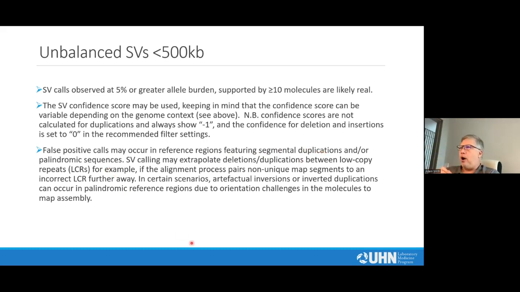This is problematic because some of these calls may look like false calls, but they might actually be real, because segmental duplications have a tendency toward non-allelic homologous recombination, and so they end up copying or deleting themselves as a sort of natural function. And so you can actually have differences in a lot of samples between these regions and the reference genome that you're using.